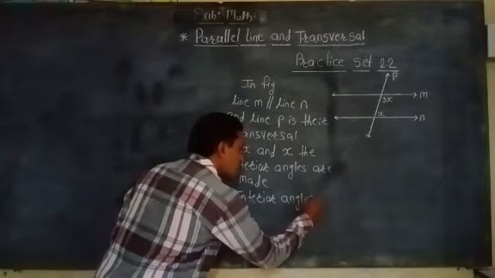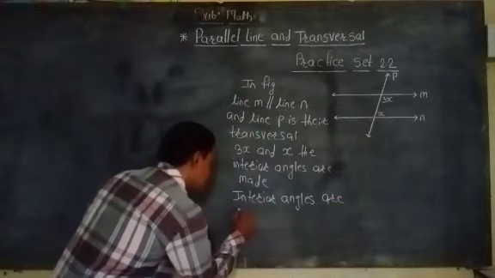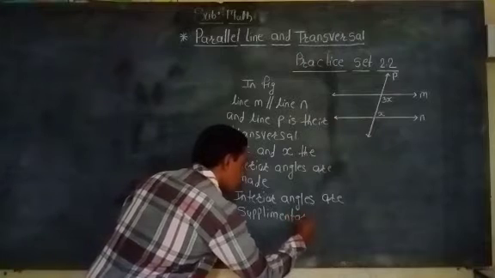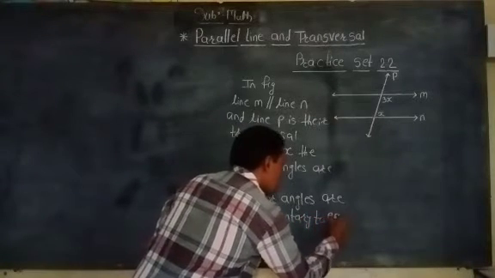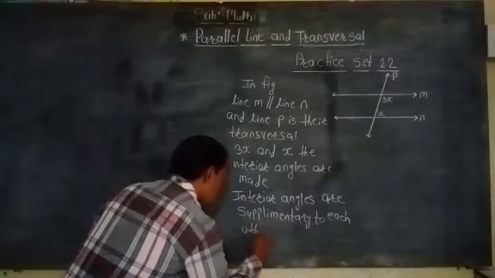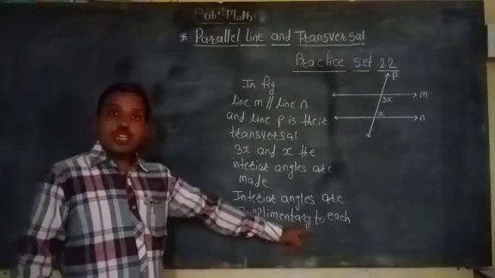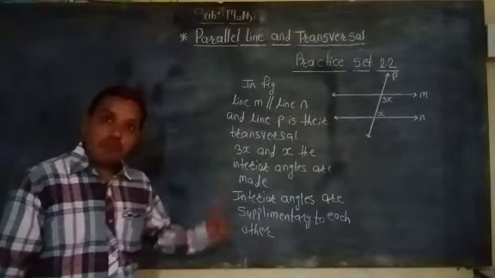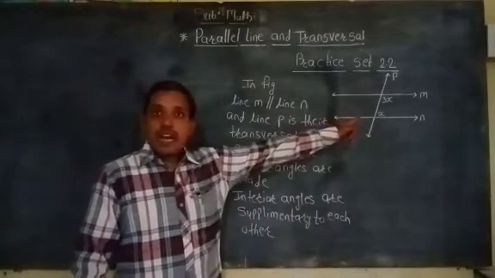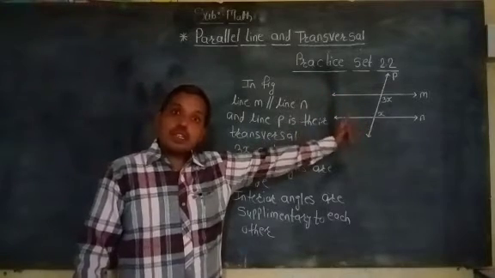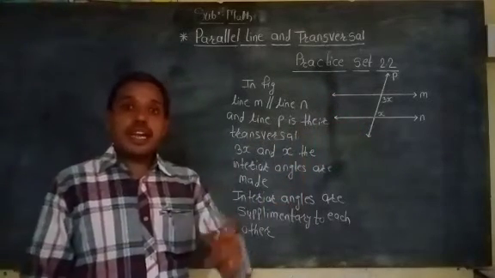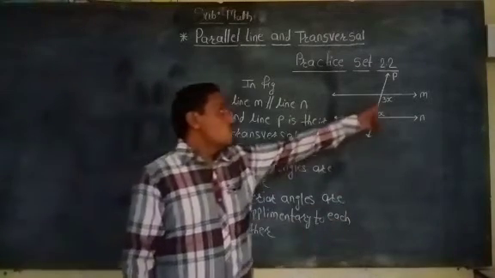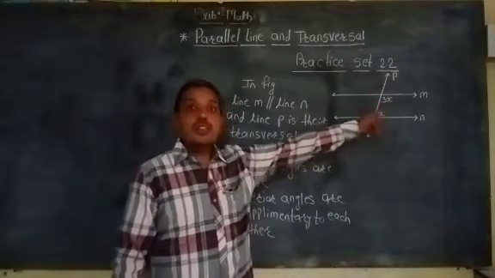Why do we call them supplementary? Because when we measure those two interior angles and add them, their sum is exactly 180 degrees, and that is why we call them supplementary angles. So angle 3x and angle x are supplementary angles.